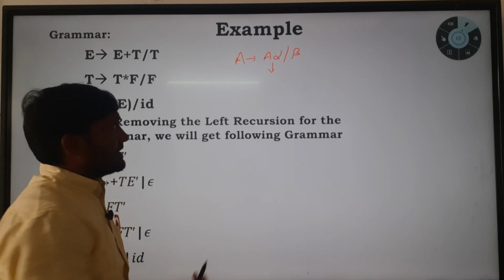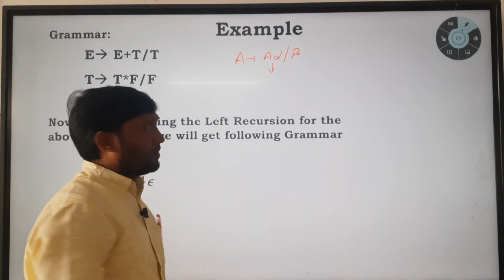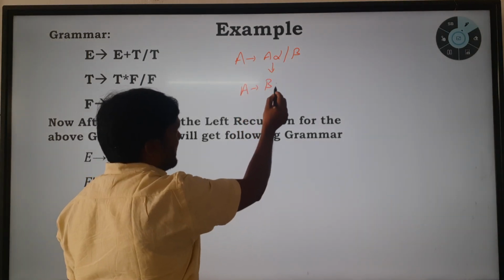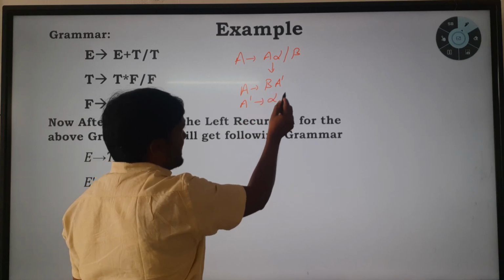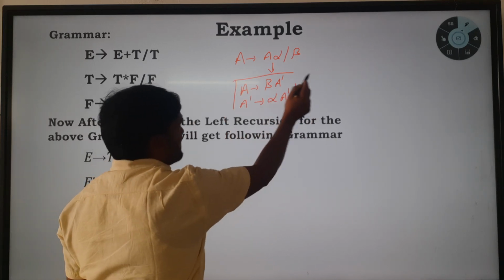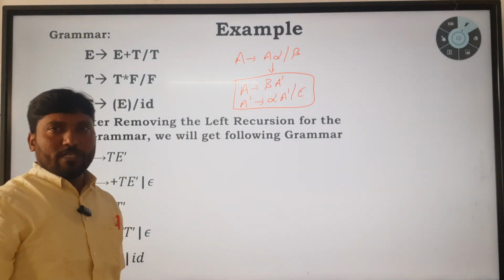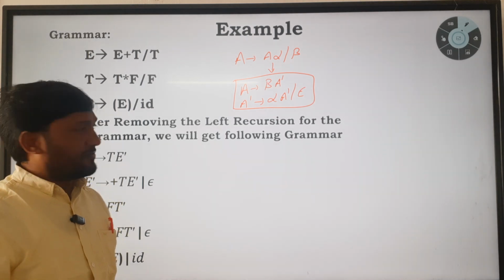How? We rewrite the rule as A derives beta A dash, A dash derives alpha A dash or epsilon. This is how we can eliminate the left recursion. So we have to rewrite the rule to eliminate the left recursion.